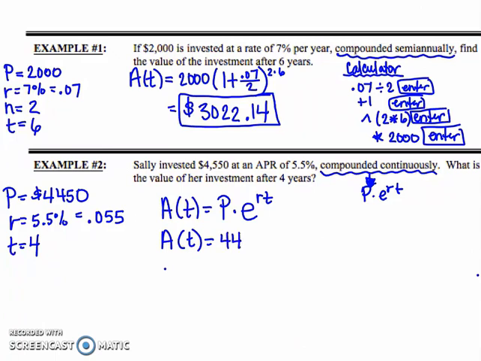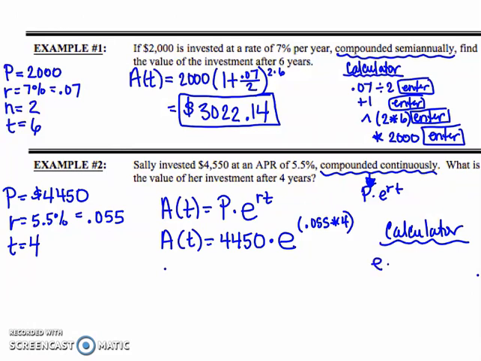So we get 4450 times e to the 0.055 times 4. And again, on your calculator, this one's a little bit simpler, but on your calculator, you're going to start with e raised to the 0.055 times 4, hit enter, and then you're going to take that value times 4,450 and hit enter.